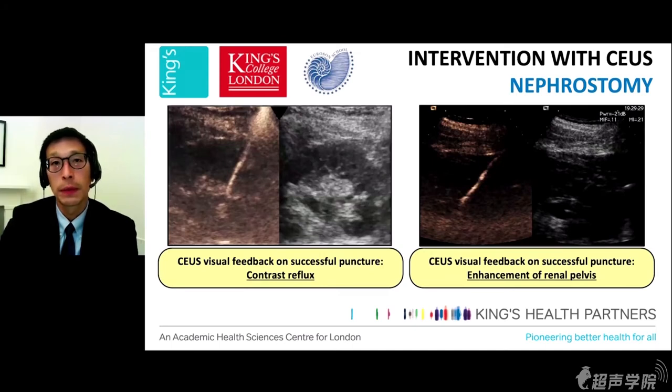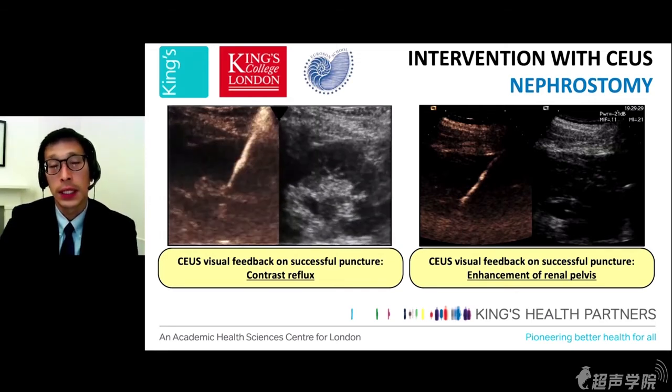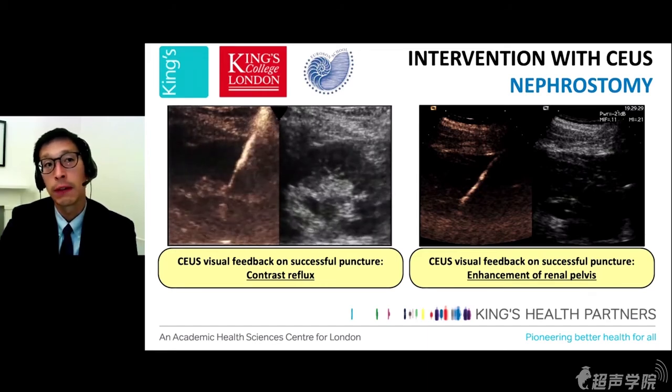Once we perform a successful puncture, we can get positive visual feedback on the contrast-enhanced ultrasound. If it's a high pressure system, we can see the contrast being washed out by the urine as you make the puncture into the collecting system, so you see the microbubbles refluxing back on your image.